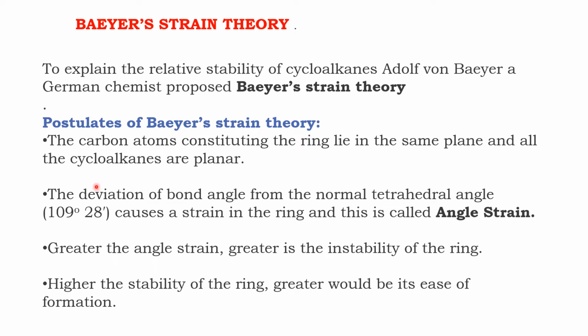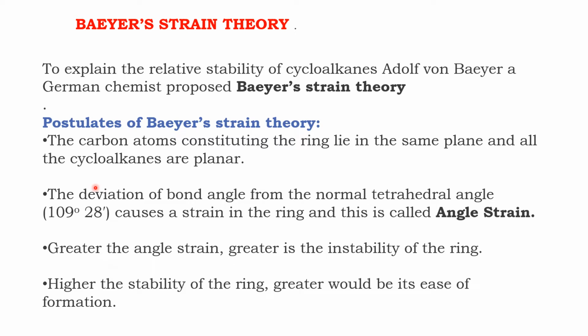The first postulate of Baeyer strain theory is that the molecule is planar. That means for any cycloalkane, all the carbon atoms lie in one plane. So, all cycloalkanes are planar molecules.